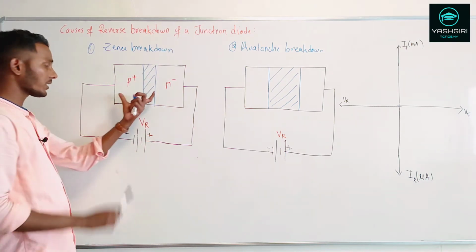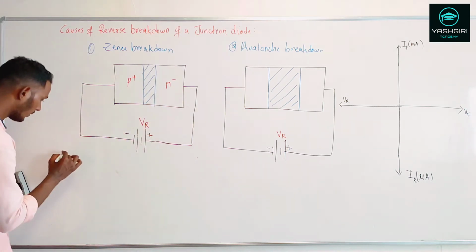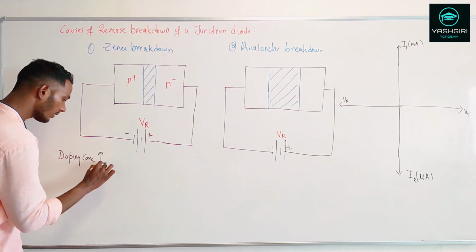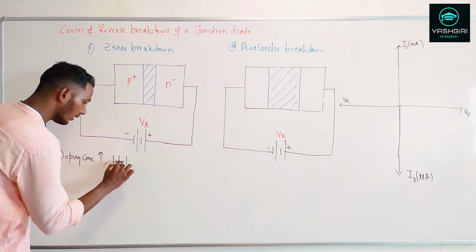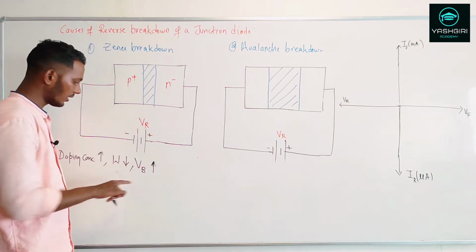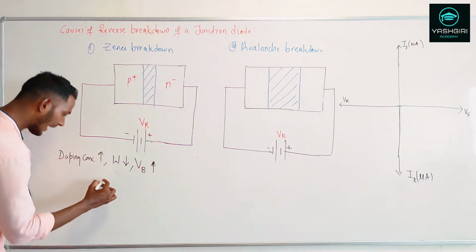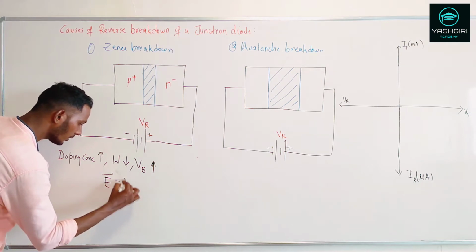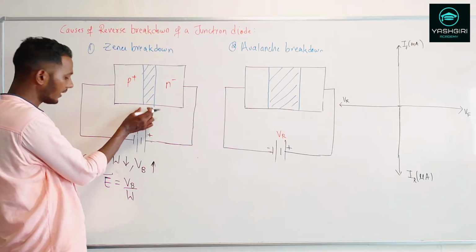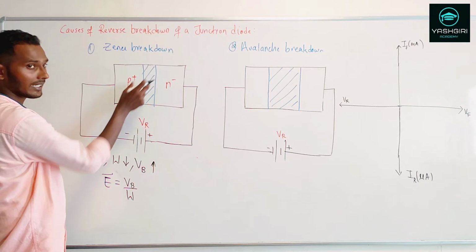So when the doping concentration is high, the depletion width will be small, thereby the potential barrier will get increased. Now when the potential barrier gets increased, we know that the electric field E is equal to the potential barrier divided by the depletion width, right? So if the VB gets increased, the electric field in the junction will get increased.